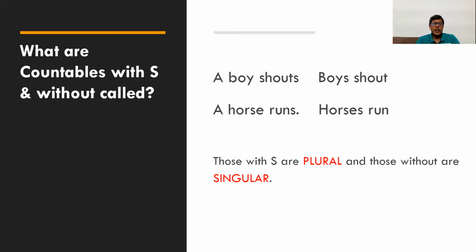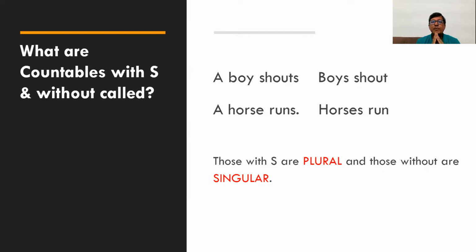So, what are the countables with S and without S called? We have already seen that there are three types of nouns. I had told you that I'll tell you the types. So, I'll tell you about the types of nouns first, and then we'll come to the next concept, and that is of number. So, we'll focus now only on the countables because countables have two forms. Uncountables and proper have one form each. So coming back to the countables, what are the countables with S and without called?